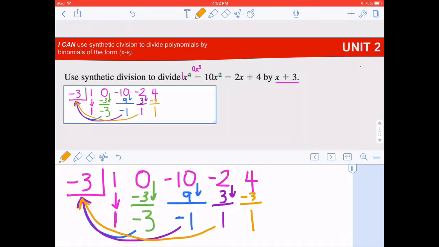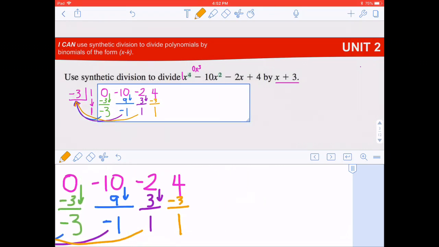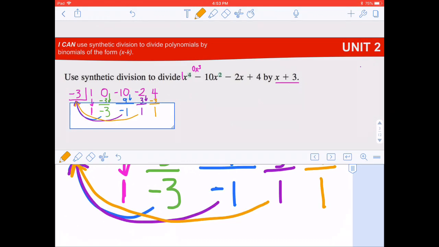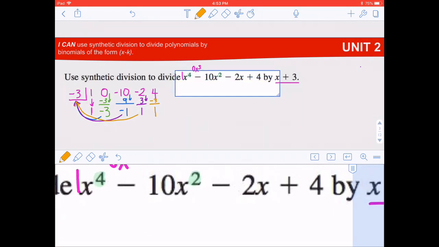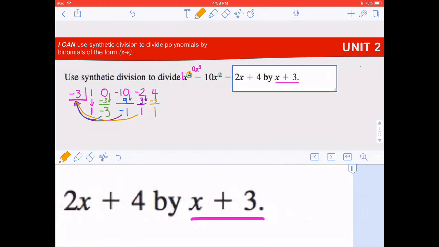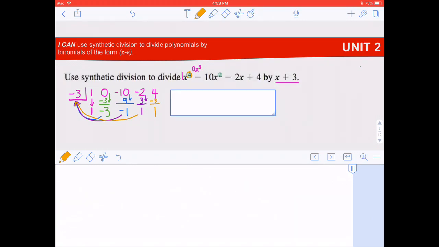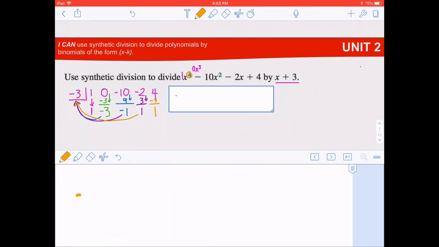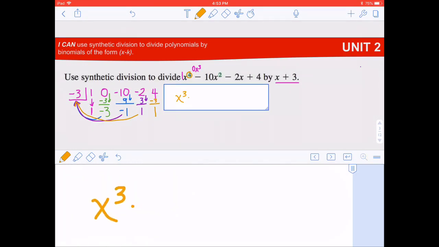So now that we've finished our pattern here for synthetic division, I'm going to write out our answer. These are all the coefficients of our answer. So if we started out with a 4th degree polynomial, when we're dividing by this 1st degree polynomial, everything is going to go down a degree. So that means we have a 1 here as the coefficient, but it's going to be x to the 3rd. And then we have a minus 3, so it's going to be minus 3x squared minus x plus 1.